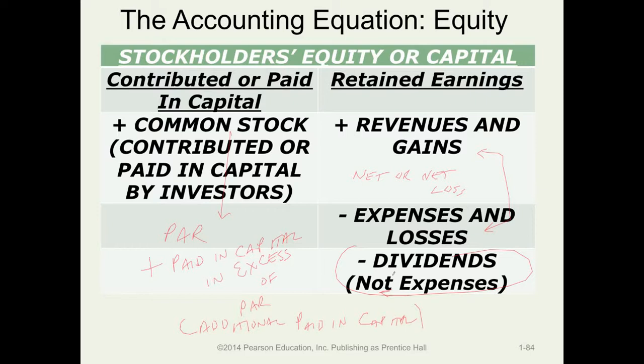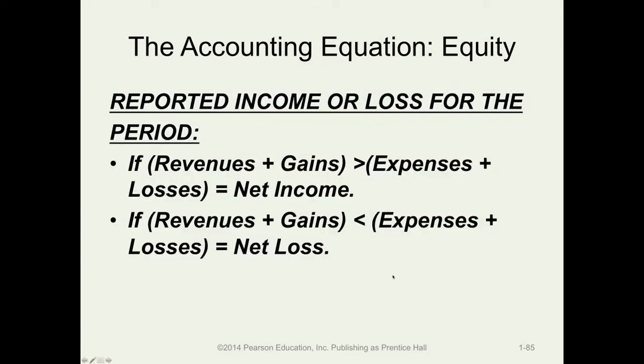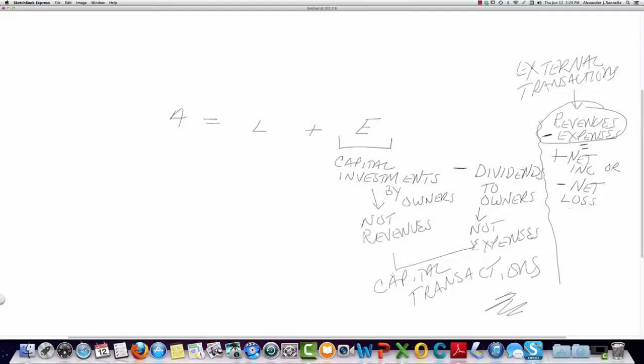When we look at reported income or loss for the period, if revenues and gains exceed our expenses and losses, we have a net income. If revenues and gains are less than expenses and losses, we have a net loss.